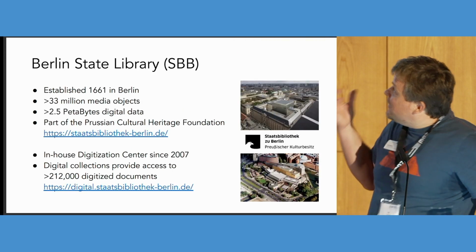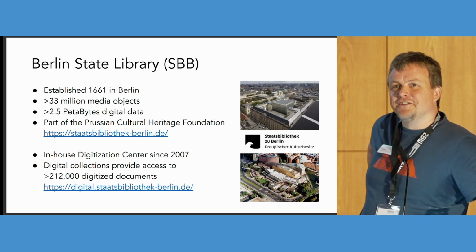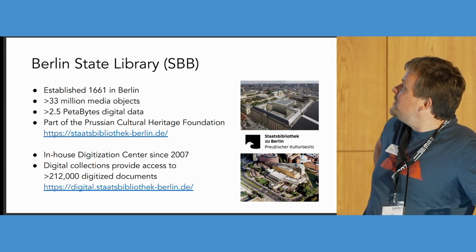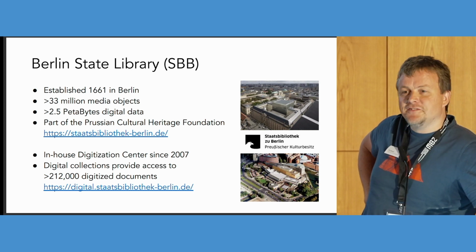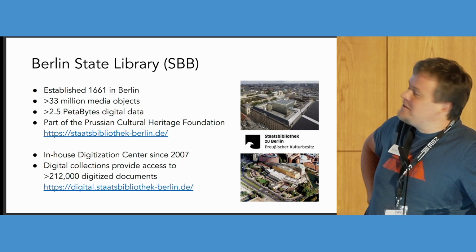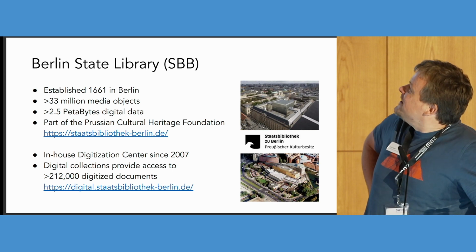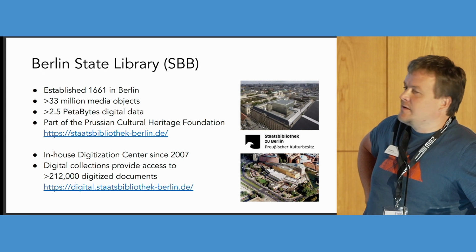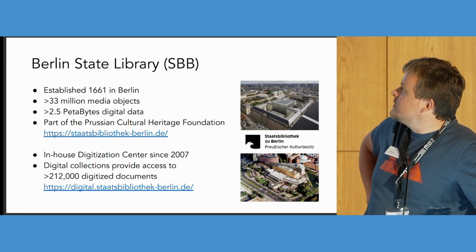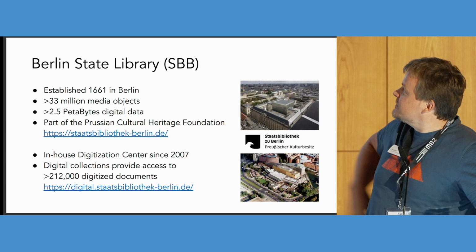Okay, first, a little bit about the Berlin State Library. It's, let's say, a rather middle-aged institution, founded in 1661. It has quite some inventory, more than 33 million media objects.